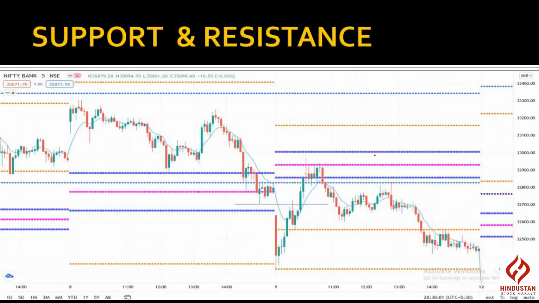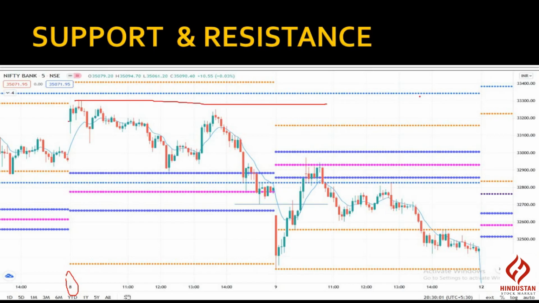We will understand this with the help of a live chart. On the 8th, the market opens somewhere around here, and it closes around here, right? Now we can mark the PDH and PDL.